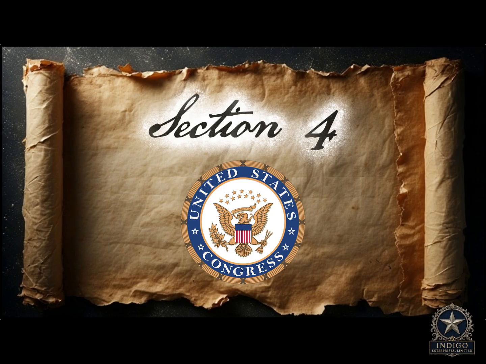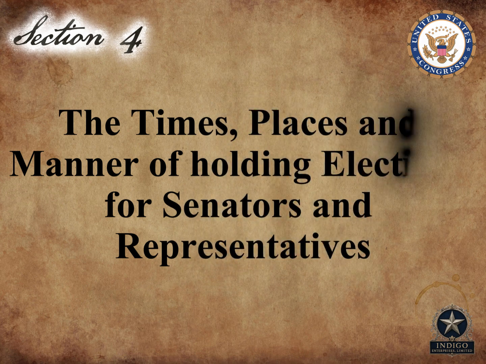Now, Section 4 goes over the times, places, and manner of holding elections for senators and representatives. This shall be prescribed in each state by the legislature of each state thereof, but the Congress may at any time by law make or alter such regulations, except as to the places of choosing senators.